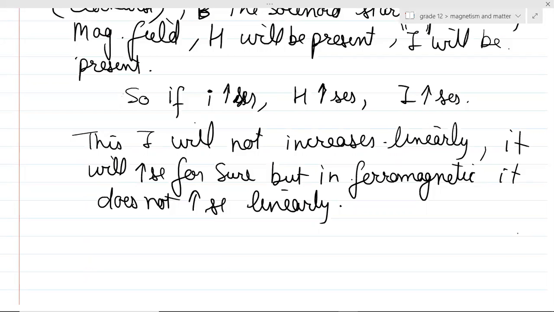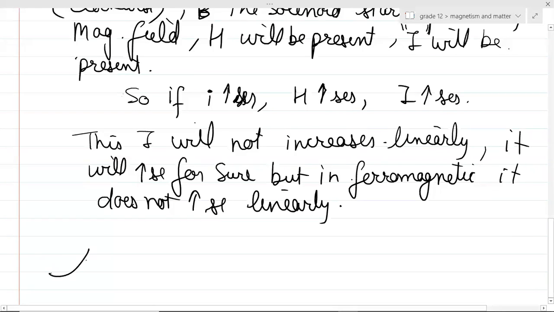As soon as you apply an external magnetic field, those dipoles which are at very small angles from the magnetic field get aligned quickly, right? So the initial alignment is very large compared to the final alignment. So as you increase the value of H, the value of I increases suddenly. That's why the graph points like this.